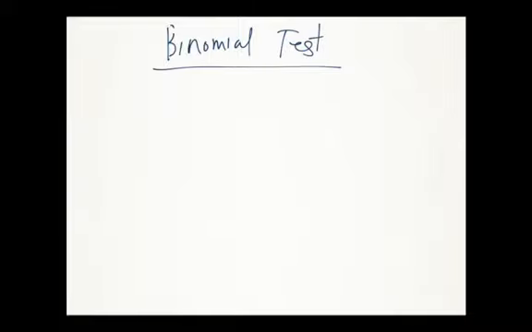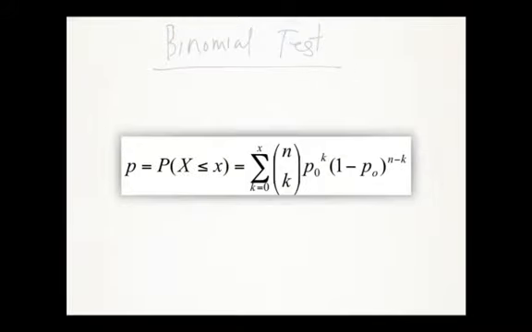All right, and so in order to calculate a p-value for the binomial test, we just go, as we've done several times, back to the definition of the p-value, the probability of the observed proportion or something more extreme under the null hypothesis. And so we can calculate that using the binomial distribution, and that would look a little something like this.